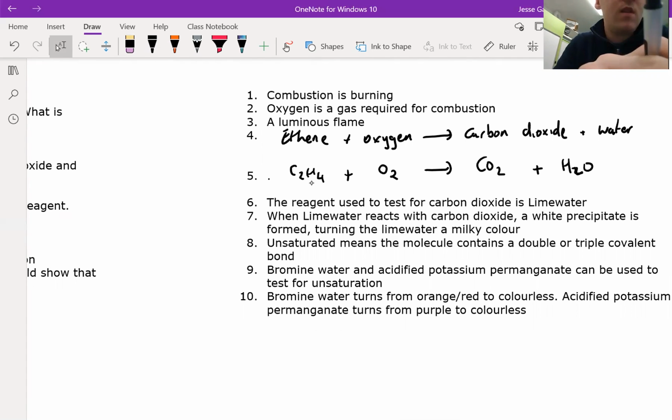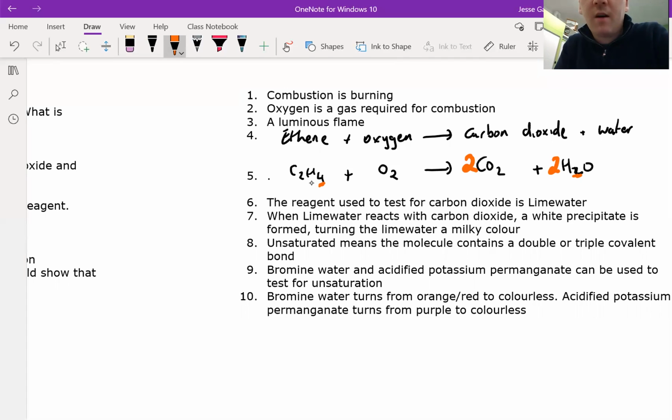Let's check that we have obeyed the conservation of mass. Here on my left-hand side, I'm seeing 2 carbons, and on the right-hand side, I'm only seeing 1 in the carbon dioxide. So the first thing I'm going to do is make that a 2. So I've got 2 carbons now on each side. Counting my hydrogens, on my right-hand side in my products, I only see 2 here, and I have 4 on the left. So I'll fix that by putting a 2 in front of the H2O.